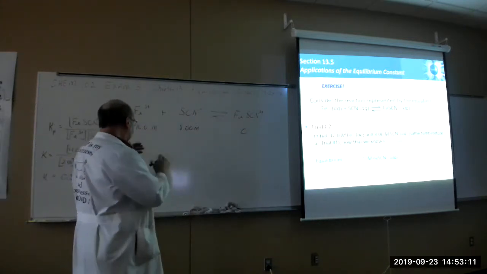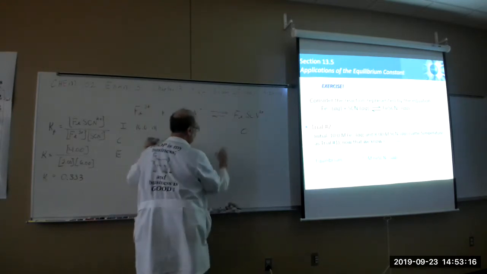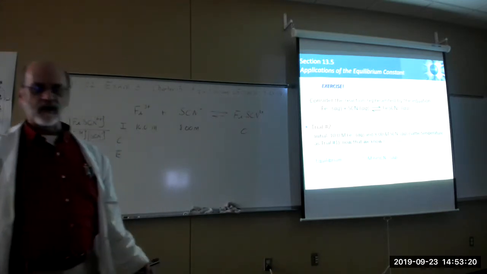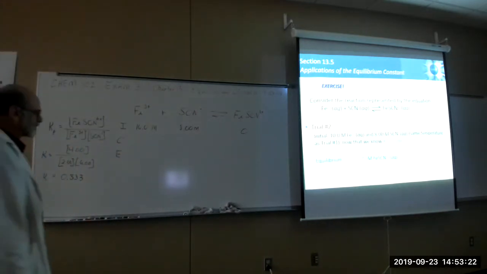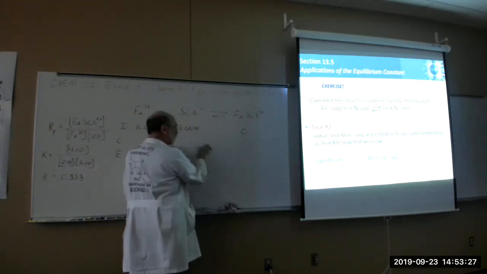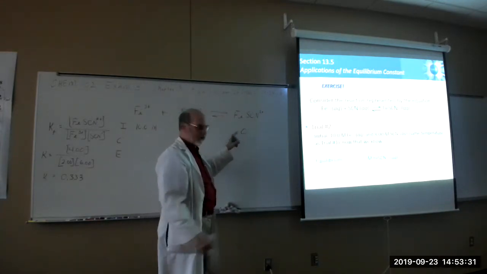Since we don't have any equilibrium values down here, we can't say how it changed. So we're going to have to use a little algebraic manipulation. Since there's none over here, we know it's headed in that direction. We know it's going to produce some of this, but we don't know how much.